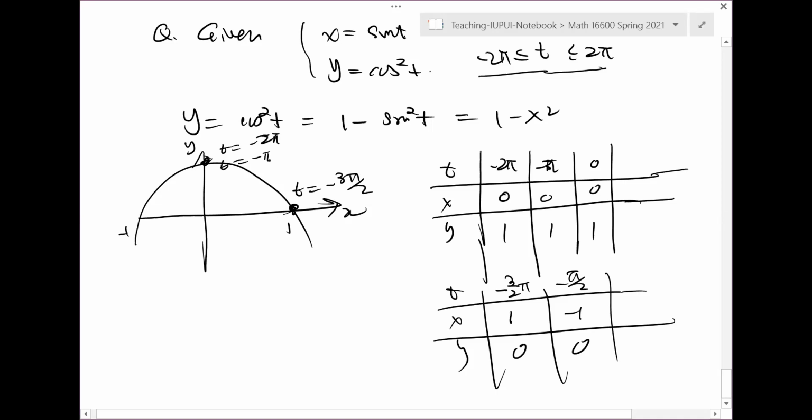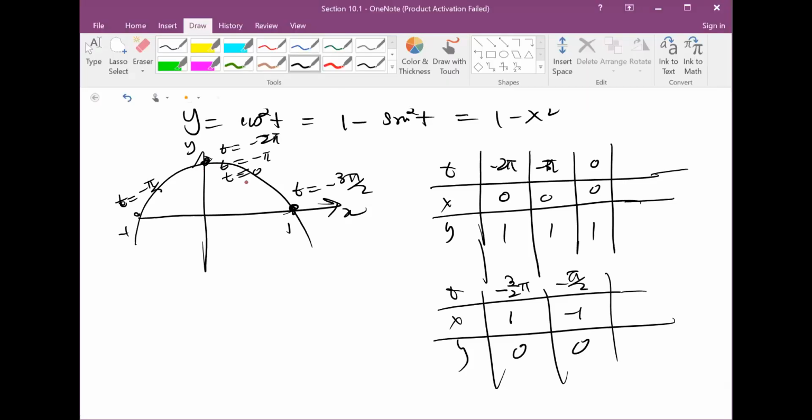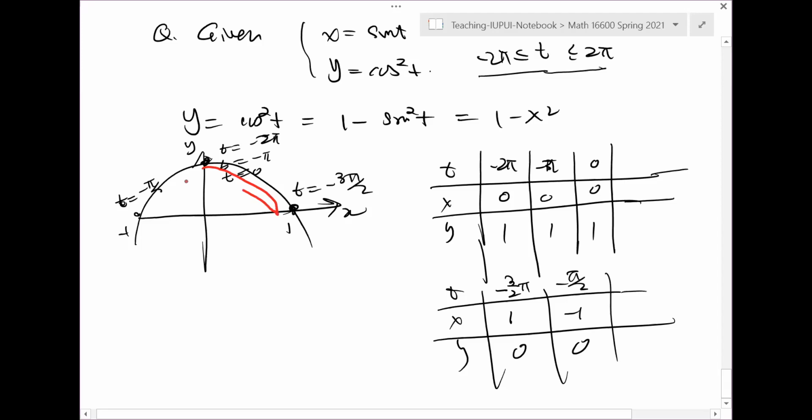When t equals negative pi over 2, I'm here. When t equals 0, I'm here, back to here. So now it's clear. So this is going to be like that. Go in here and go back.